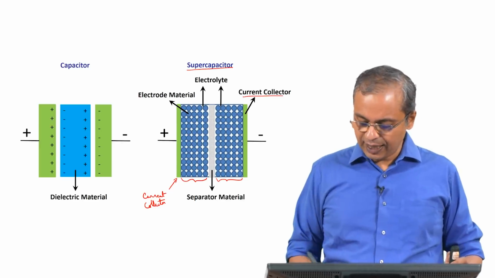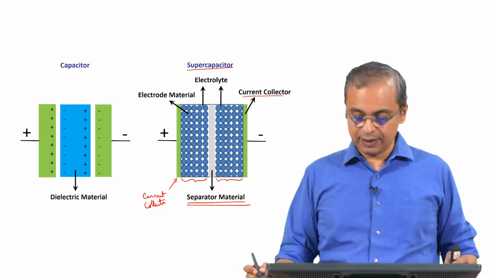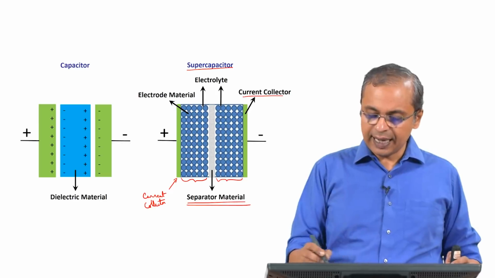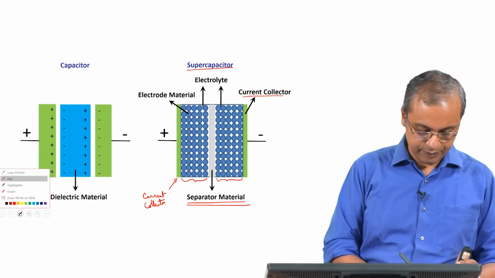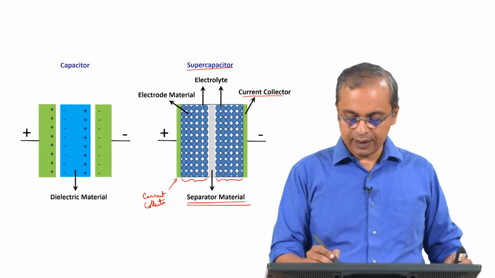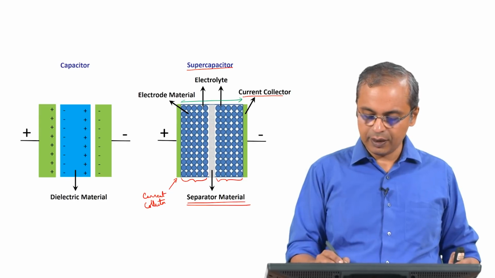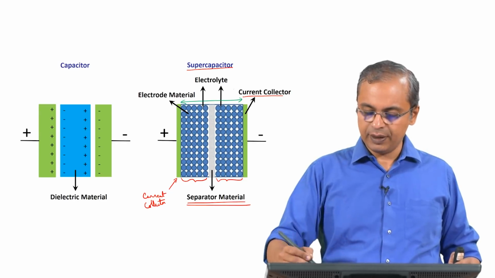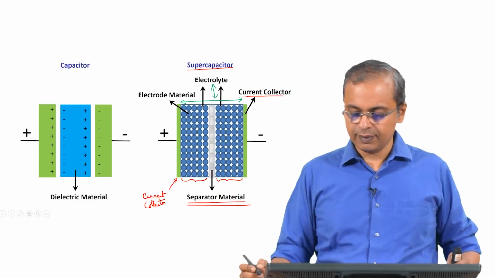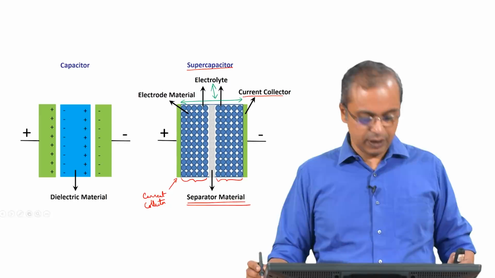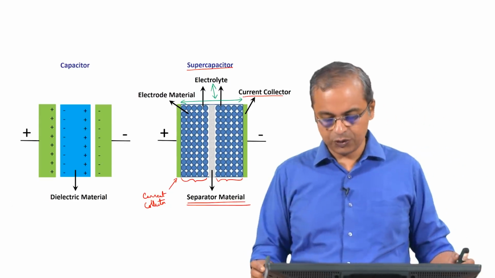In the middle you have a separator. Then in this entire region that you see here, from here to here, you have electrolyte. So this is what we are looking at in the context of a supercapacitor.